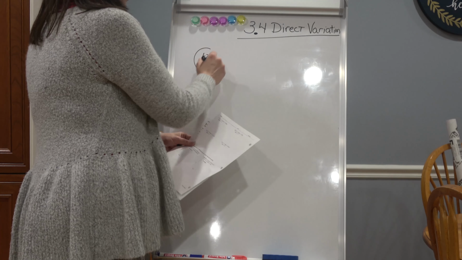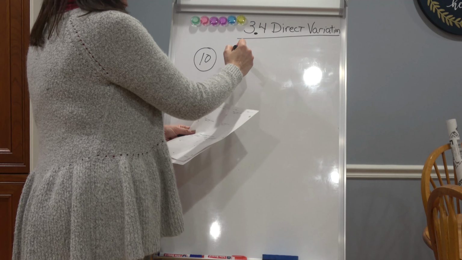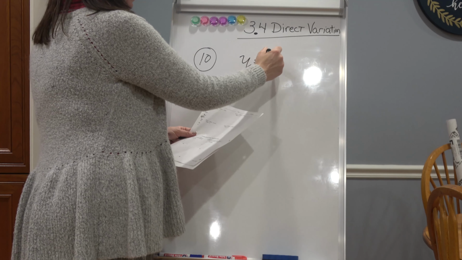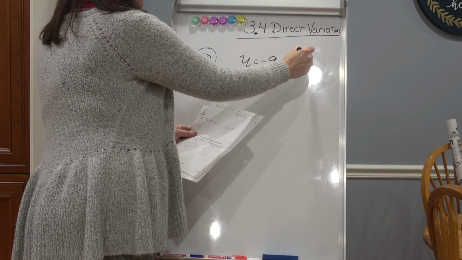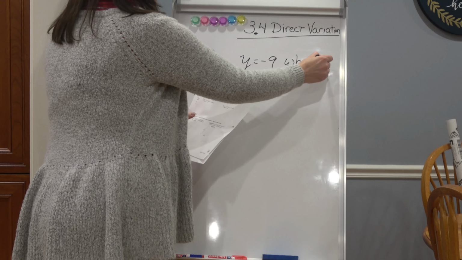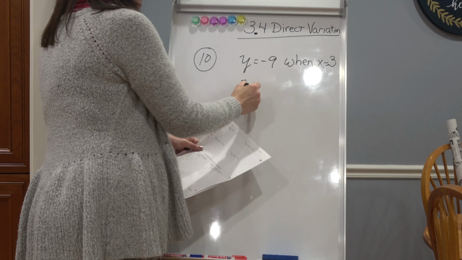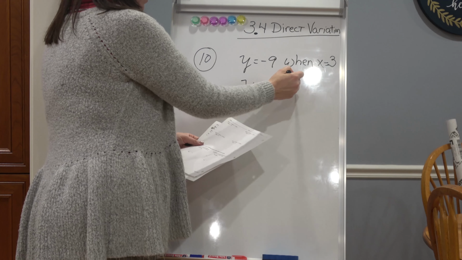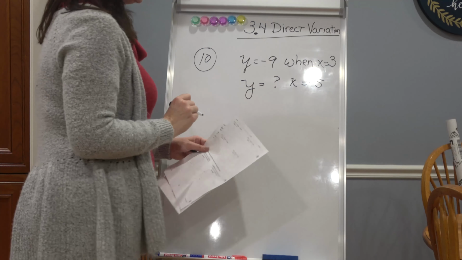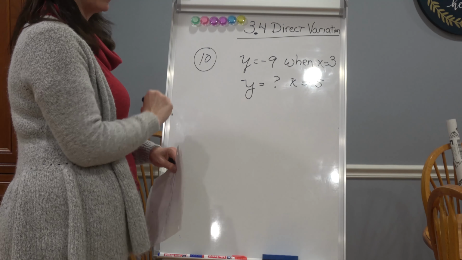Okay. So just to review this, I'm given that y equals -9 when x equals 3, and I want to find y when x equals -5. Okay, so two things we need to do. We need to find the equation.